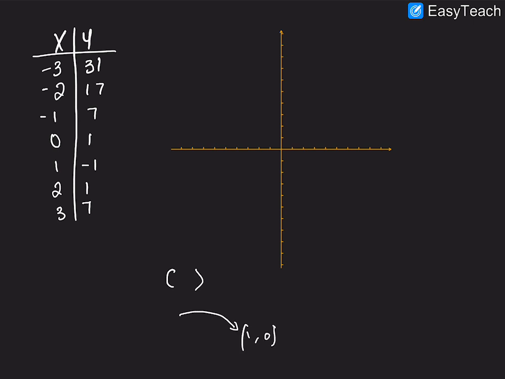Usually your points are in brackets in the order (x, y), unless you're told otherwise. From what I know, it's always x, y. So we have a graph with x and y. Do not get confused. You could label your graph x, y.